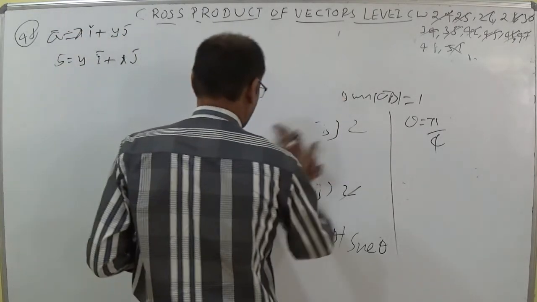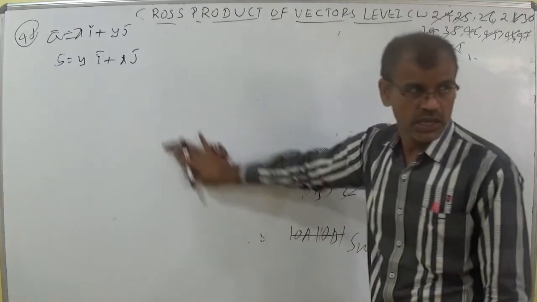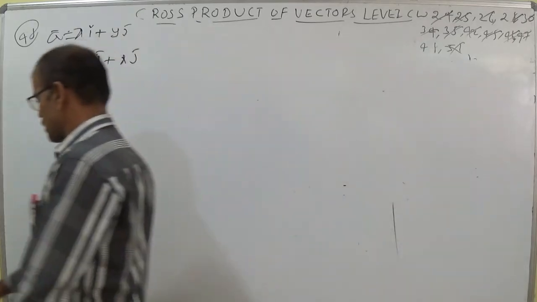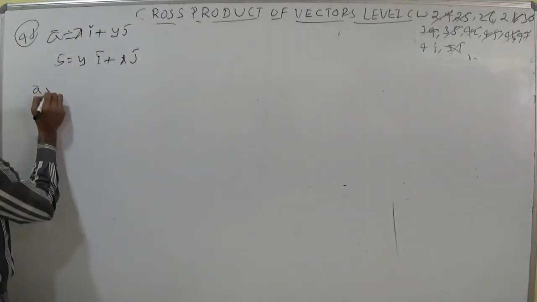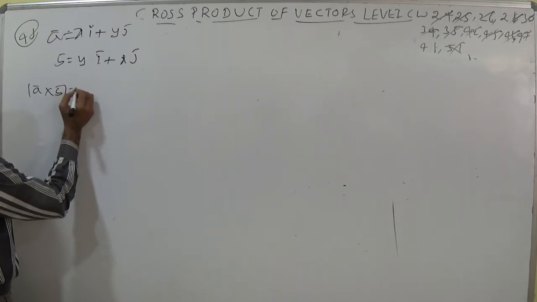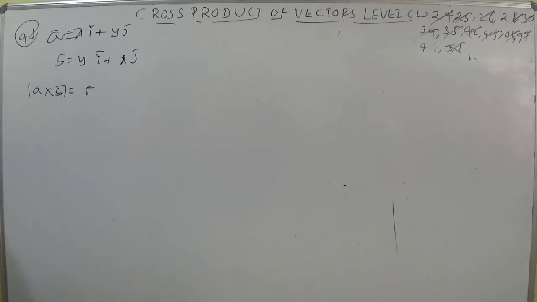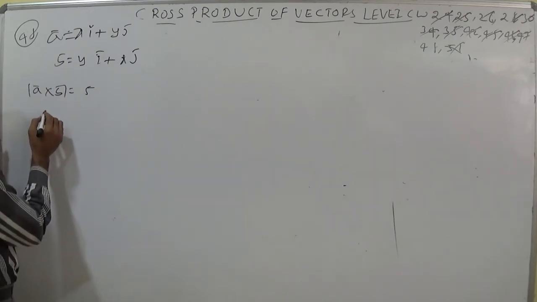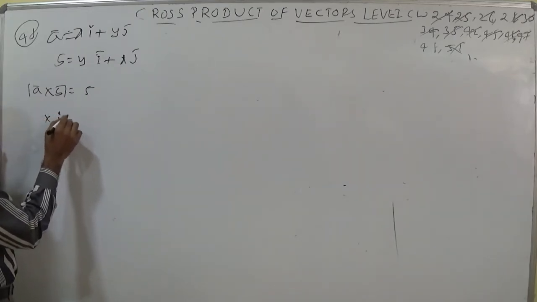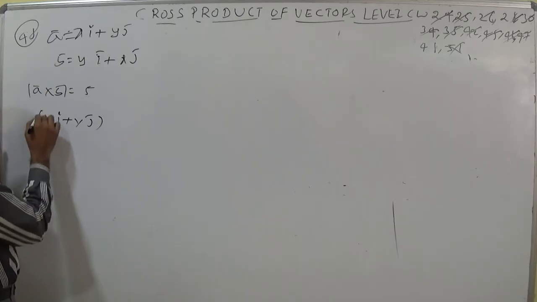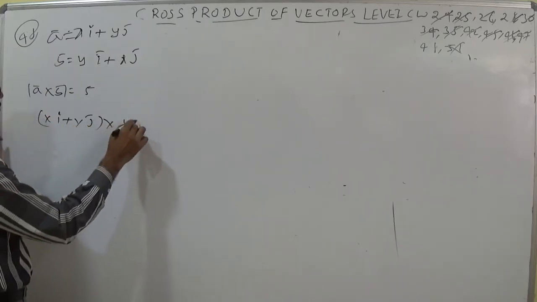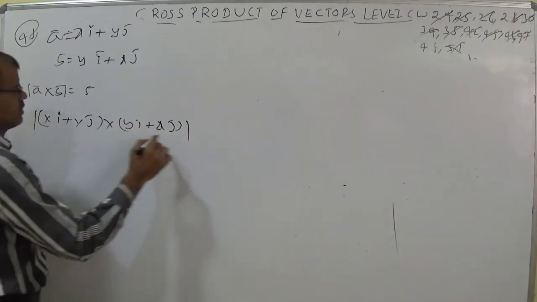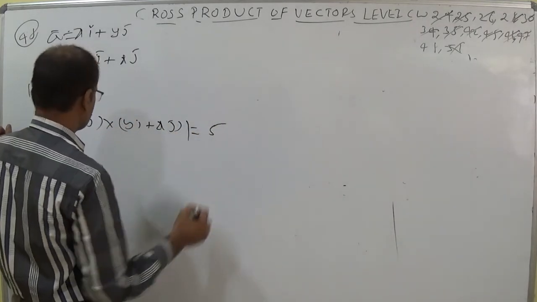Magnitude of A cross B is equal to 5. You should get an idea about the A cross B formula. Now using the data, you can write xi plus yj cross yi plus xj, put the magnitude and equate the value as 5.